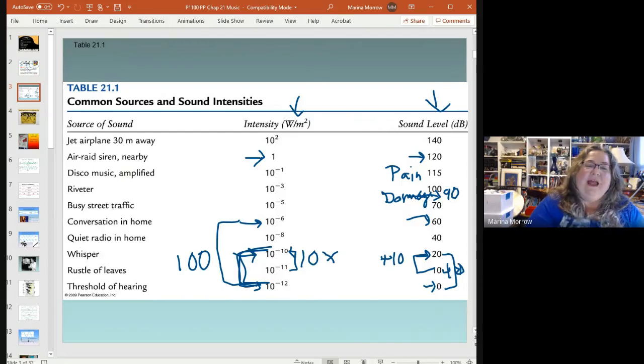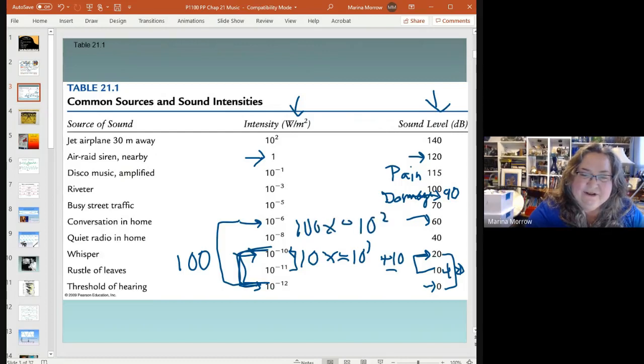Okay, so as it turns out, there is a relationship here. So 10 is 10 to the 1, and we went up plus 10. When we had 100 times as much energy, that's 10 to the 2, and we went up 20.